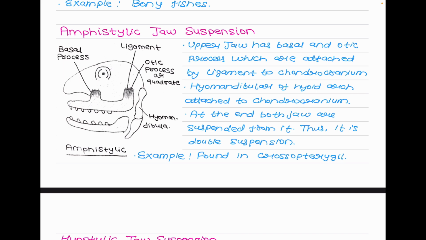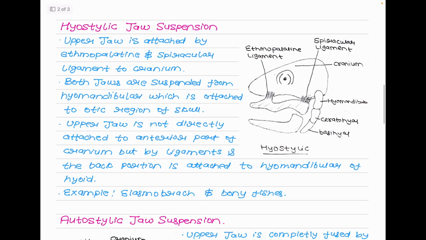Next one is Hyostylic Jaw Suspension. The upper jaw is not directly attached to the cranium. Instead, it is suspended by the hyomandibular, which is attached to the otic region of the skull. The ethmoplatean and spiracular ligaments connect the jaw indirectly to the cranium.